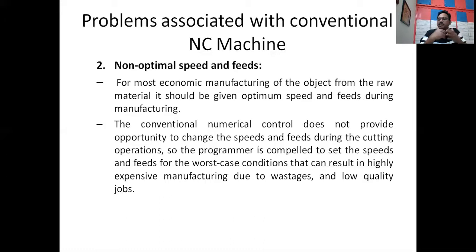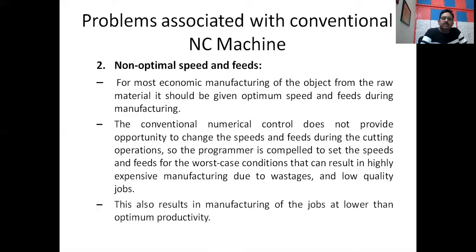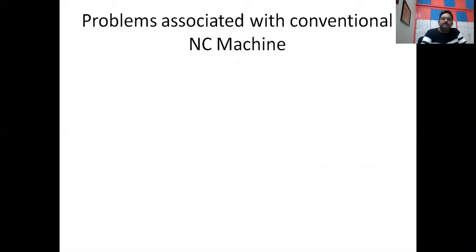Sometimes we have to change the speeds and feeds according to the condition of the material and the operations. So this leads to wastage and low quality of jobs. This also results in manufacturing jobs at lower than the optimum production, obviously.